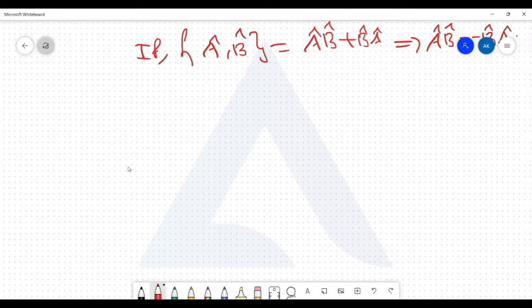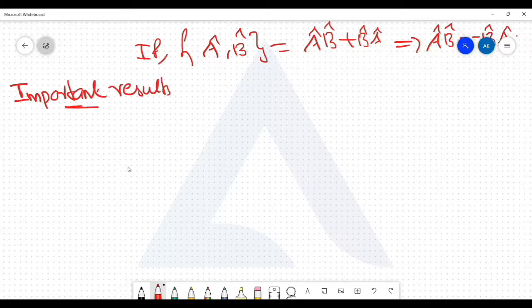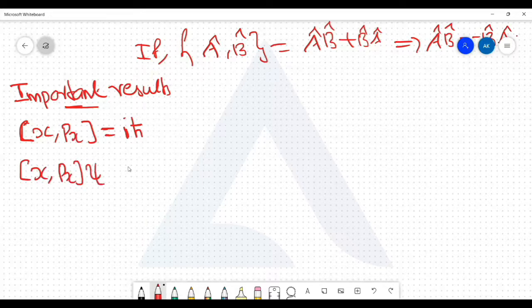Now we look into some important results in commutator algebra. One is the commutator of x with px equals iħ. Let me prove it for you. [x,px]ψ equals (x px minus px x)ψ.